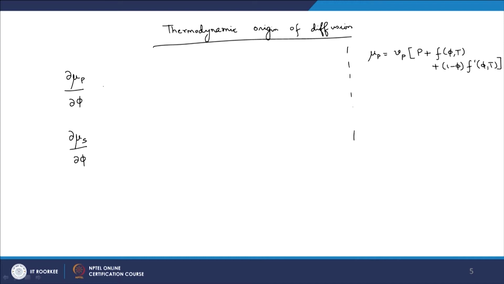If I take a derivative, that is equal to V p, and p of course does not depend on composition, so we have f prime of phi t plus 1 minus phi f double prime of phi t minus, the derivative of 1 minus phi being minus 1, f prime of phi t.